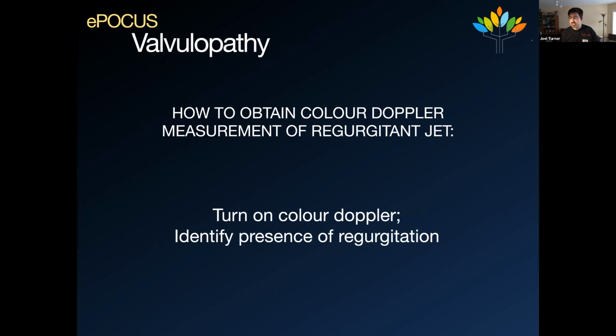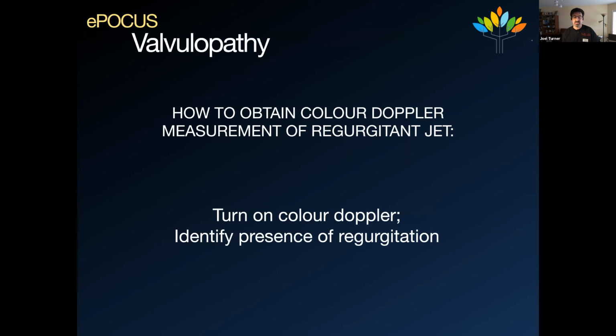So once you have your image, you want to turn on your color Doppler and put that box in the area where the valve is. And you want to identify whether or not there is any regurgitation. You'll identify that regurgitation by the timing of whether or not your valve should be open or closed, and also the color of that flow.